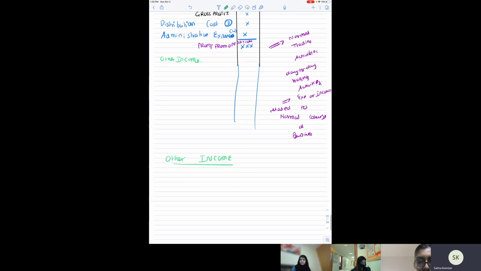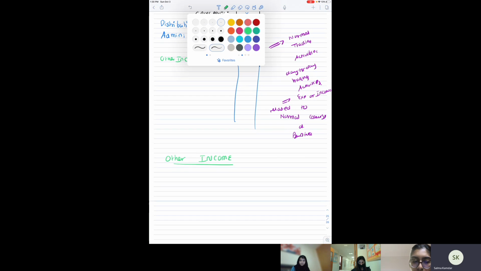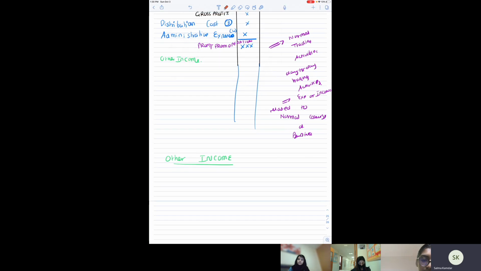No. Other income means these are the incomes which are not out of business activity. Can I say profit on disposal of non-current asset?